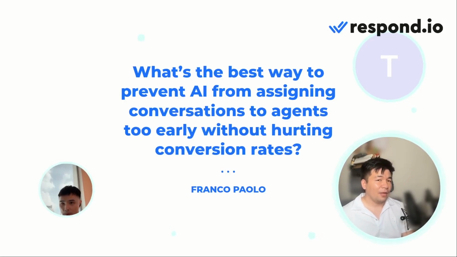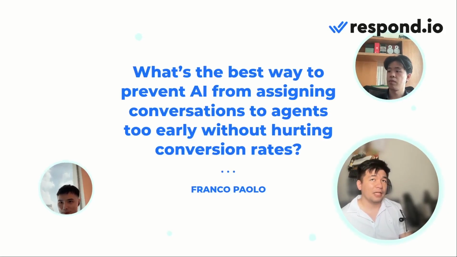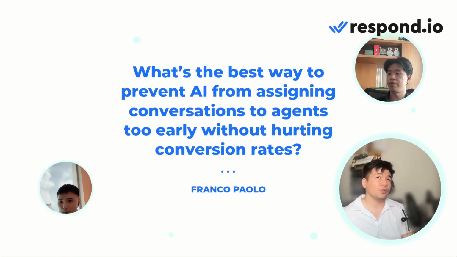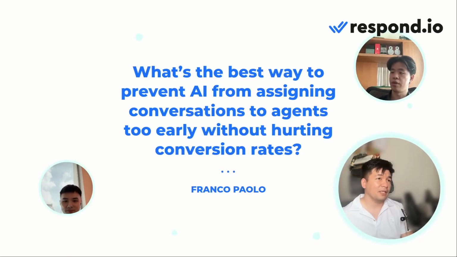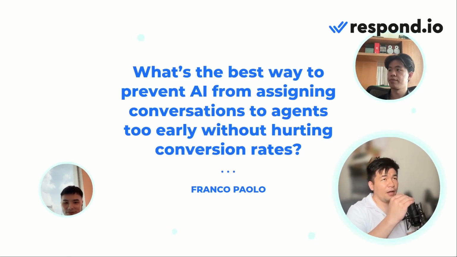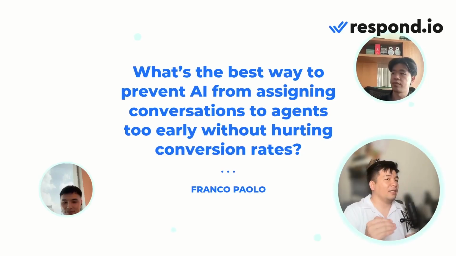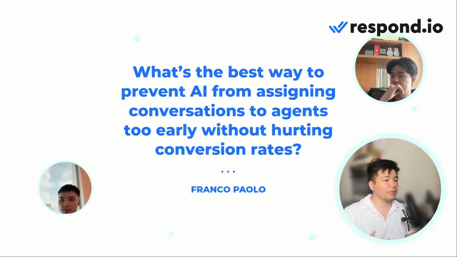When it comes to assigning, we always advise people to prompt it in a way that there is a trigger. For example, if I want to assign to another agent when certain things happen, I tell the AI agent that if this criteria is achieved and the other criteria is also achieved, then and only then assign to this other agent. So we just have to be very clear in terms of prompting.